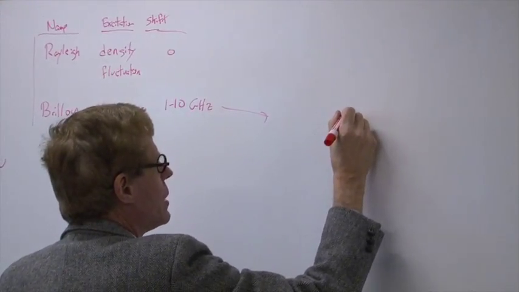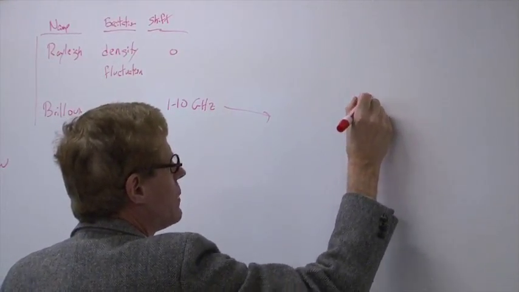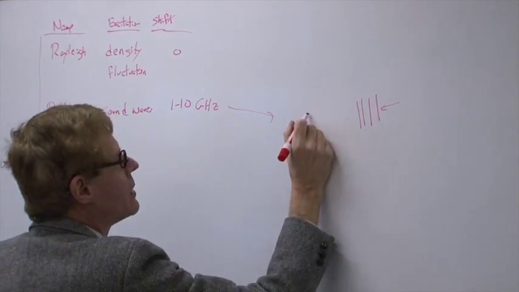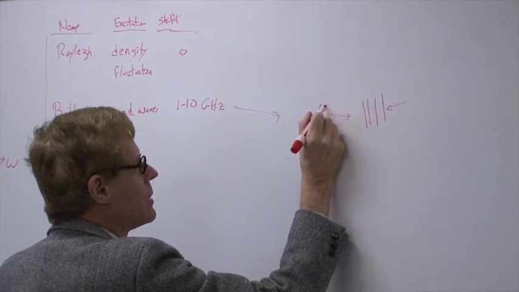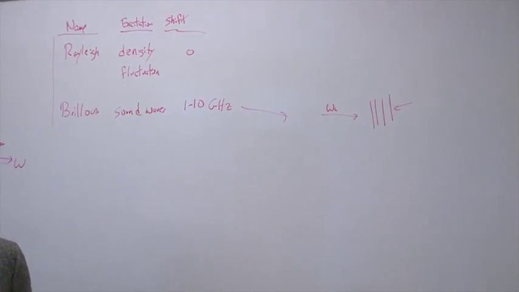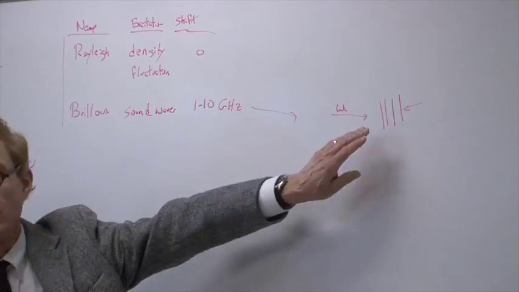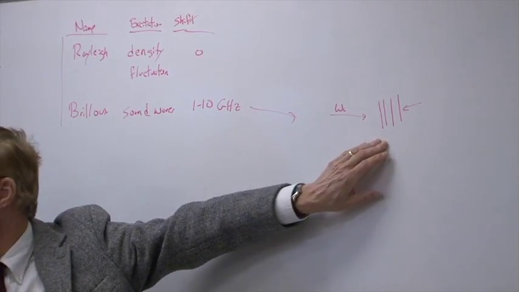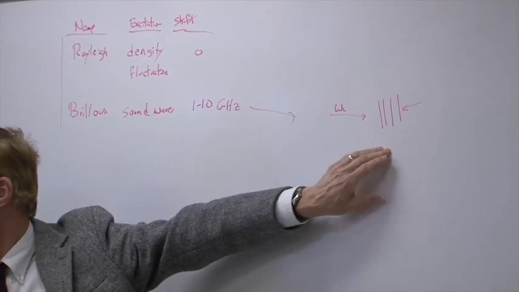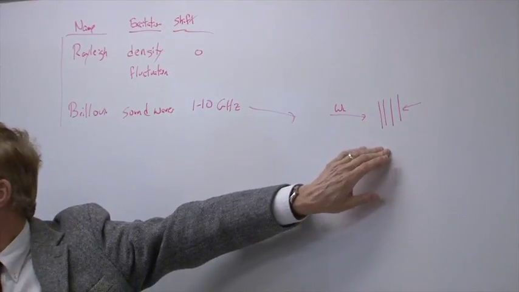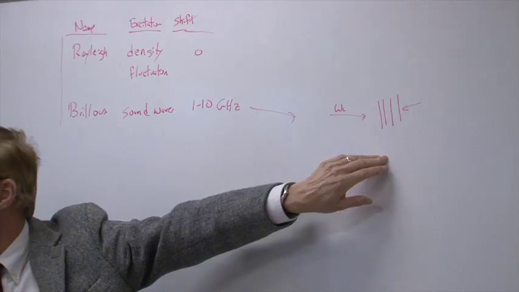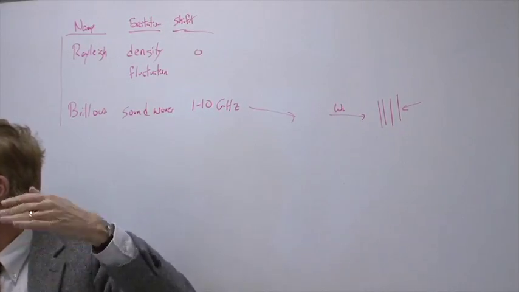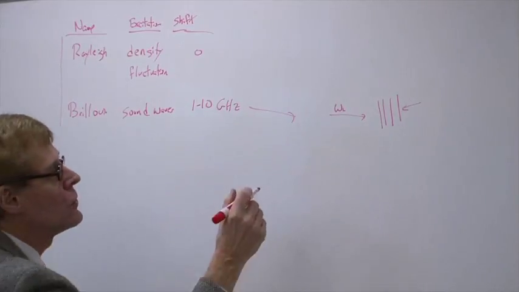Now, Brillouin scattering, we can draw a picture fairly nicely. Let's say that you have a sound wave that is propagating toward you, and now you send in the laser light here. A sound wave is a pressure wave, and there will be a density variation associated with a pressure wave. So it's a grating. Just think of each plane wave component of a sound wave as being a grating that is moving toward you.